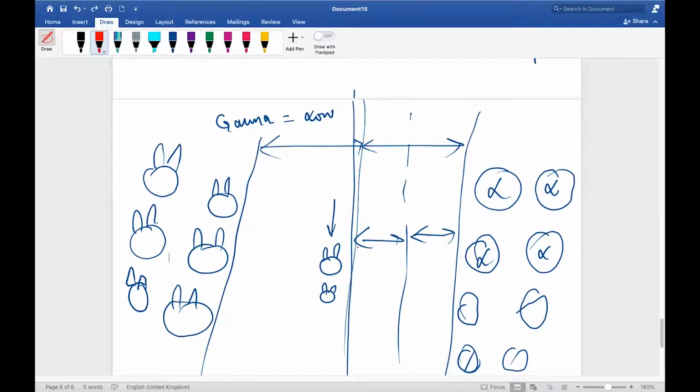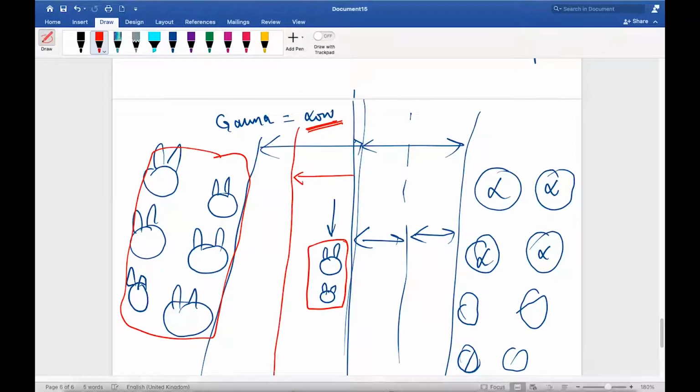Okay, let me repeat. Can I separate this as nearby points and this as distant points? Yes. So when I'm saying gamma is low, it is considering far points also, in addition to the nearest points. Now this weight is more than this, so obviously it will try to shift the margin, or support vectors, towards this side.